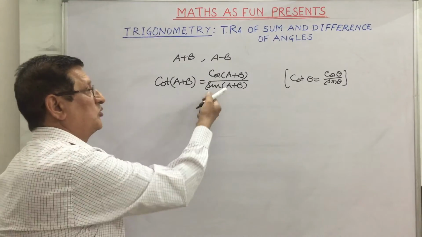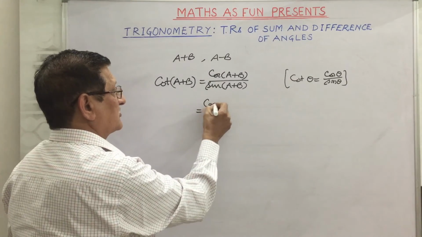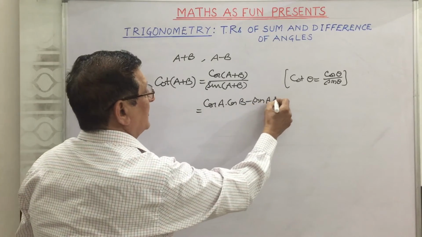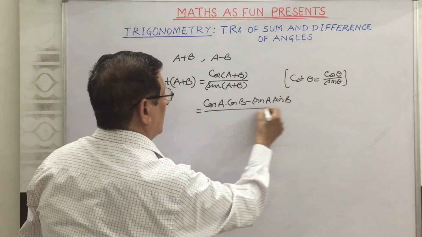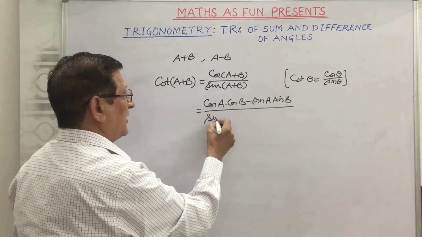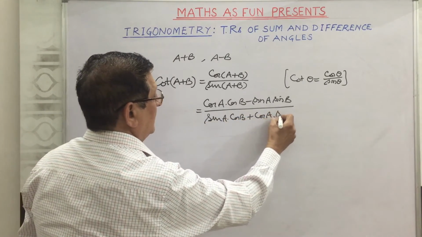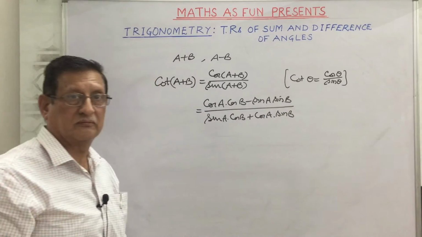Now we know the formula of both. Cos A plus B is cos A into cos B minus sin A into sin B upon sin A into cos B plus cos A into sin B.